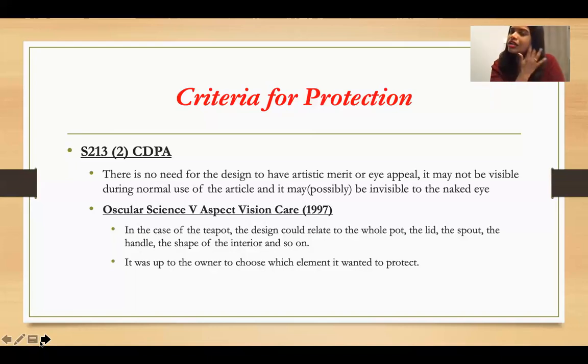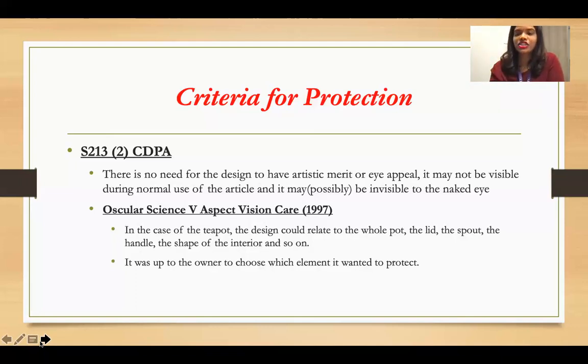The whole reasoning why unregistered design rights came into account is purely because of spare parts. Spare parts don't have eye appeal; they're not meant to make the thing look beautiful. The reason they exist is just to replace parts, right? So under unregistered design right, it is not necessary to make sure that it has beautiful or artistic merit.